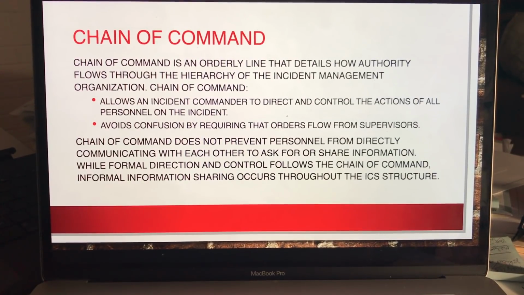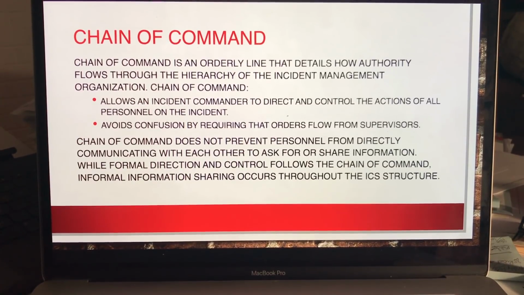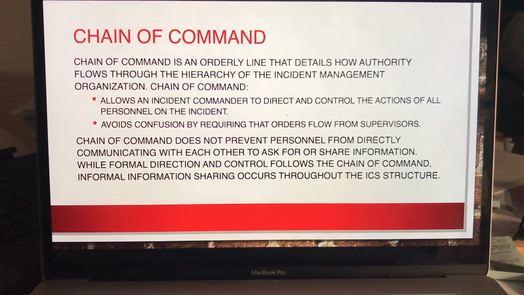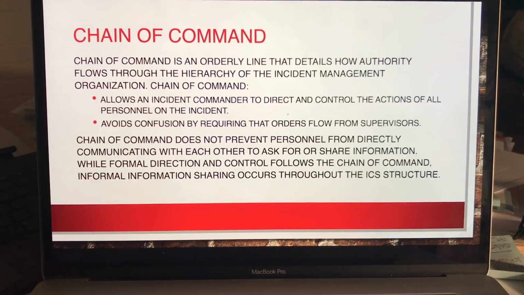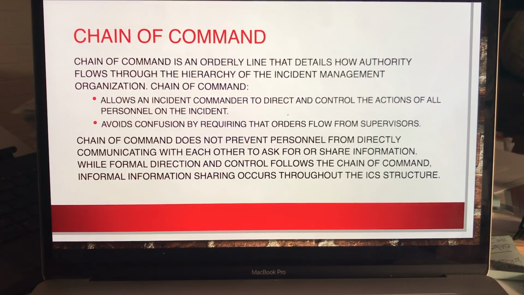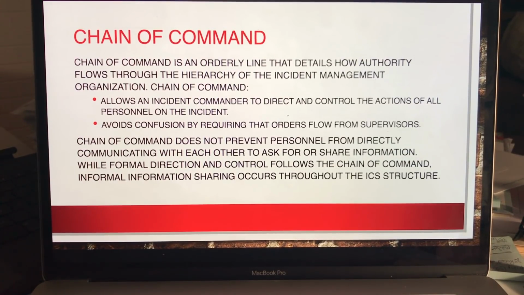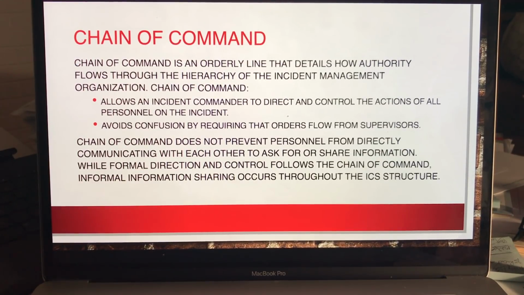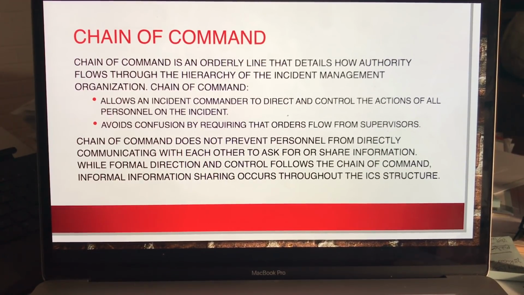Chain of command. Chain of command is an orderly line that details how authority flows through the hierarchy of the incident management organization. Chain of command allows the incident commander to direct and control the actions of all personnel on the incident. It avoids confusion by requiring that orders flow from supervisors.